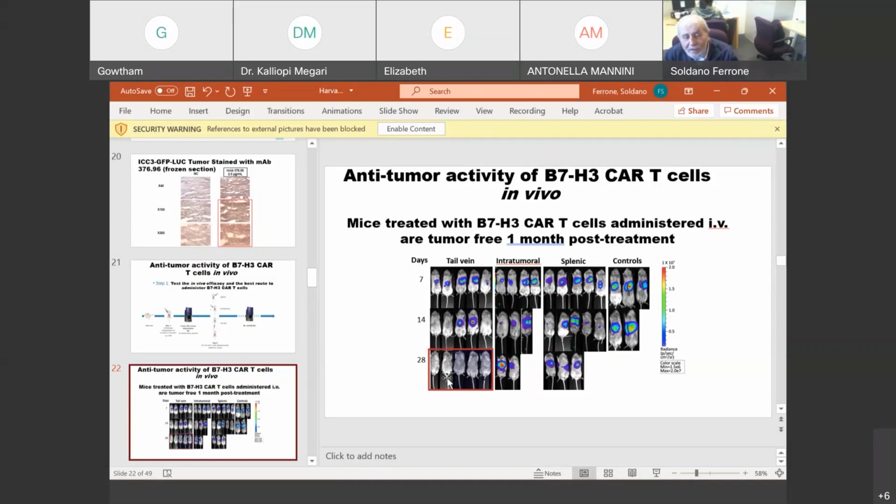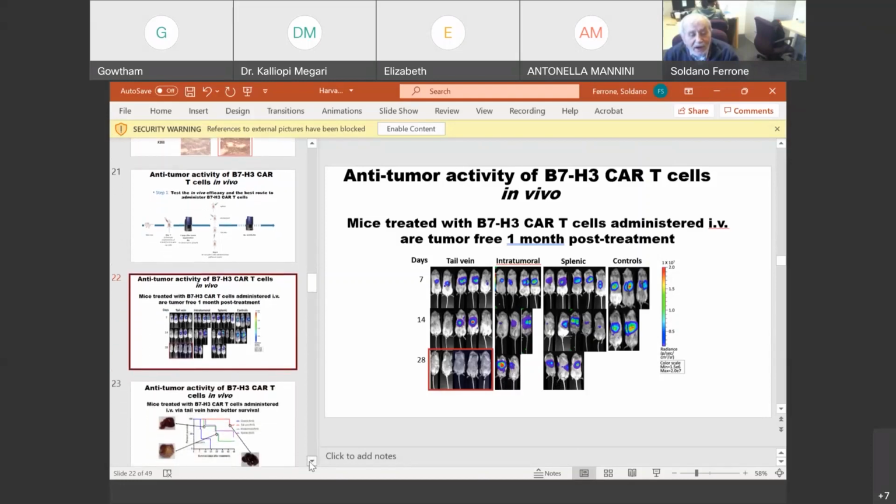And as you can see, the experiment obtained so far would suggest that the most effective route of administration of the CAR T cells is by intravenous injection, since in all the mice treated in this way, we could not detect the tumors, while the tumors were persisting in the mice injected either intratumorally or through the spleen.